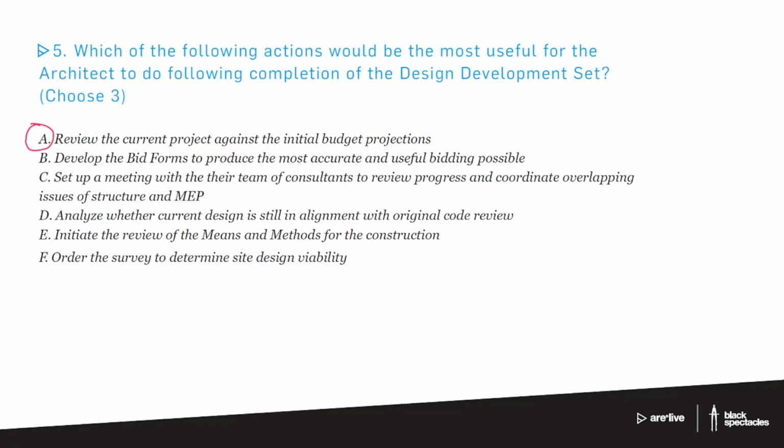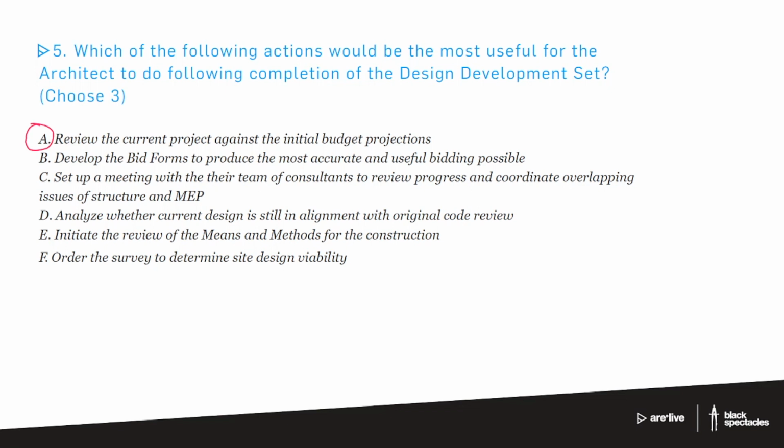When you get to the end of the CD sets, the contract documents, you're actually not going to review. I mean, if you're smart, you will in-house, but you're not required to review because that's what the bidding is for. The bidding is going to go through and do this. So the idea is you start with real information and then you always go back and make sure that you're still meeting that information.